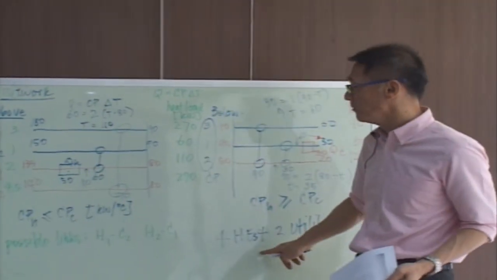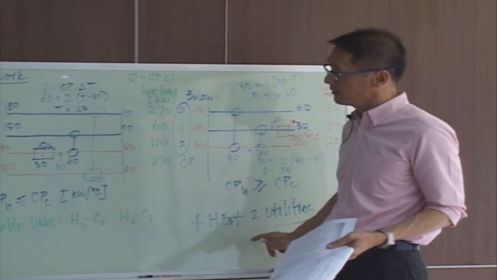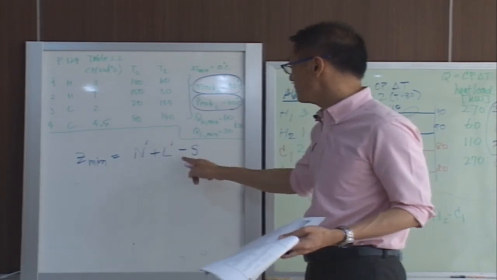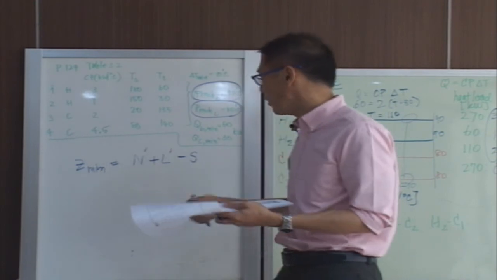What we have is the equipment that is put in here is 6, right? So now we will use this equation to find out whether the number is acceptable or not.